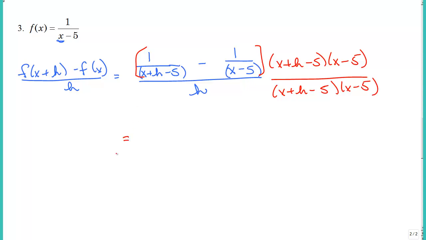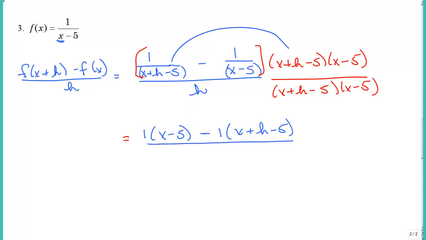Now what will that allow me to do? Well, when I multiply these two, those two cancel and I'm just left with 1 times x minus 5 minus 1 times, now the x minus 5's cancel, and you have that, divided by h times this mess.